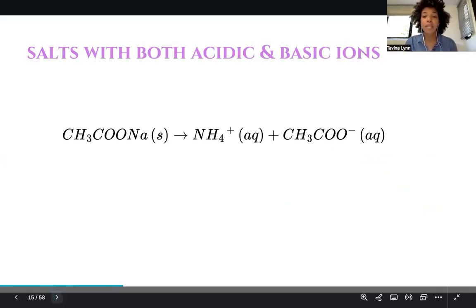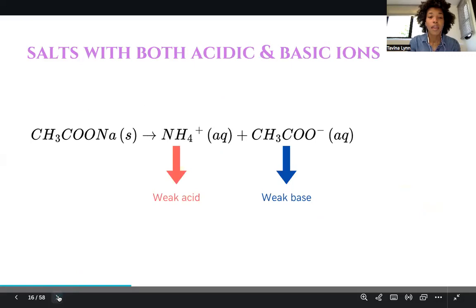Now we have some examples where we have salts that can release both acidic and basic ions. I think I wrote this reaction wrong.